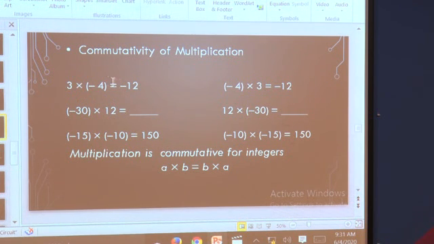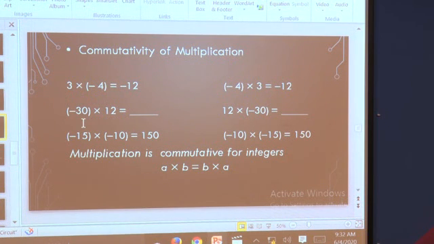Here just replace the places. So, here I have changed the place. I have written minus 4 multiplied by 3 is equal to 4 threes are 12, as it is negative, so write as minus 12. So, I think it is very similar to the addition of integers which we learned in the previous class.